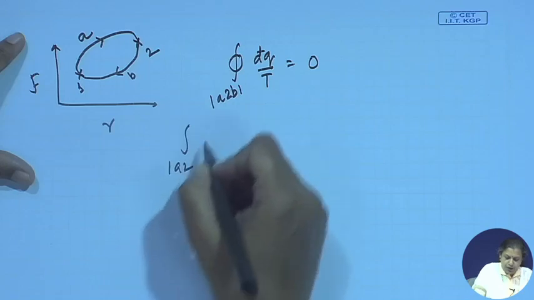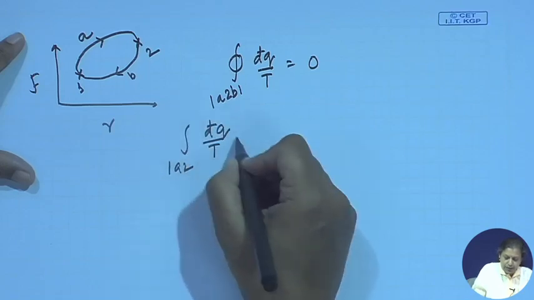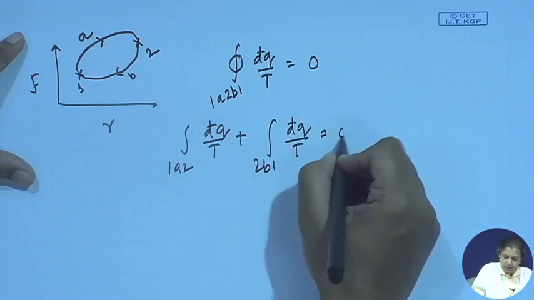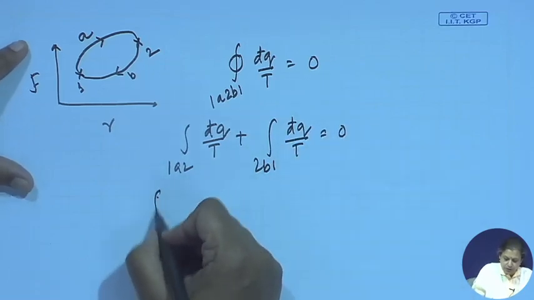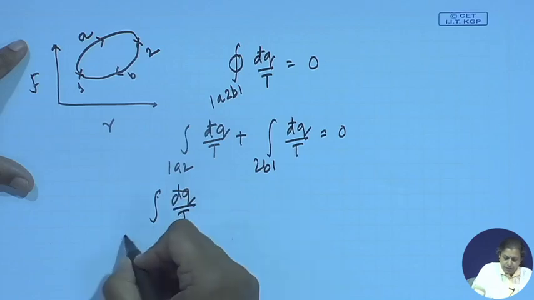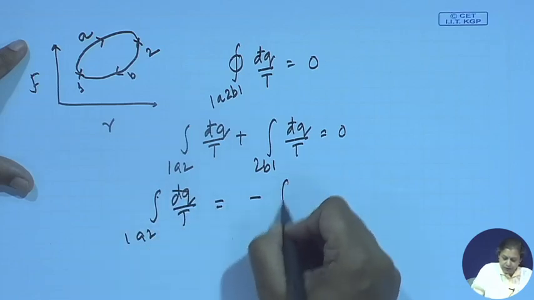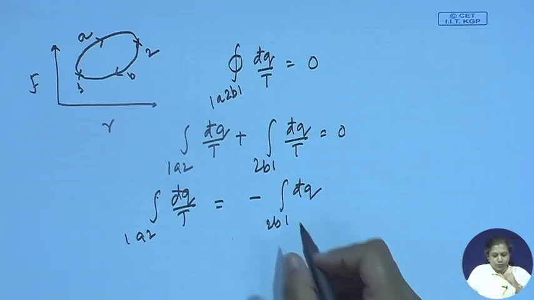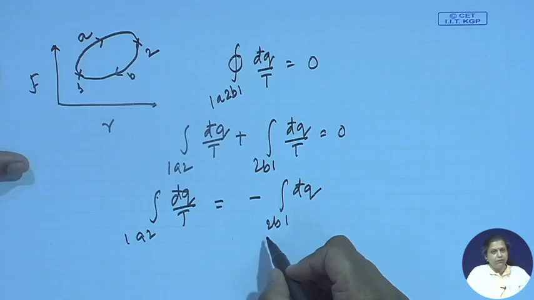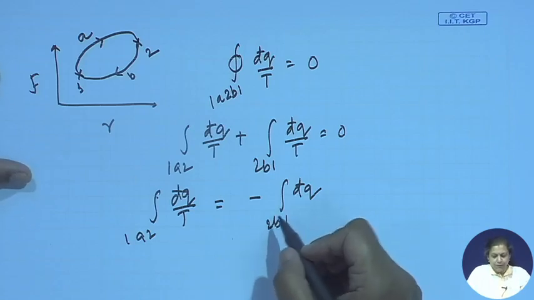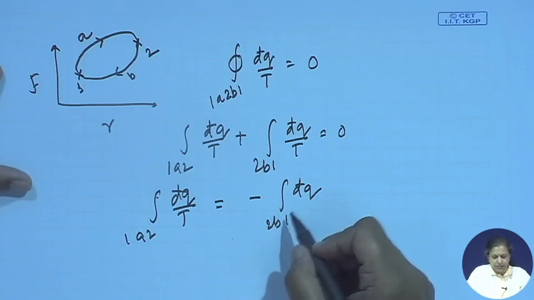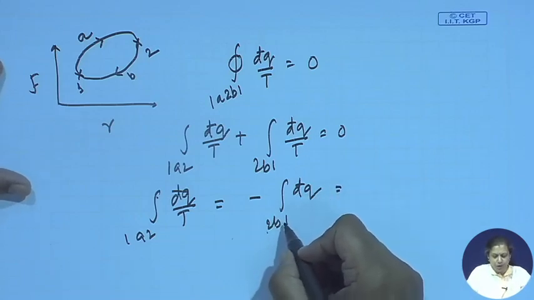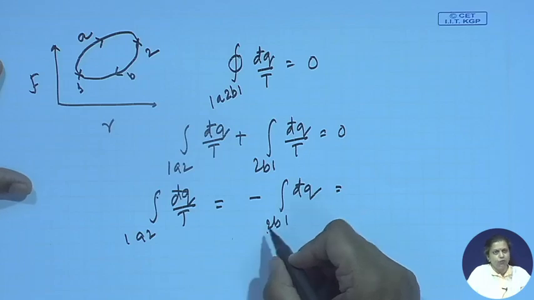It implies that the integral over 1A2 of dq by T plus the integral over 2B1 of dq by T is equal to 0, or in other words, the integral over 1A2 of dq by T equals minus the integral over 2B1 of dq by T. Now, it is important to note that 2B1 is a reversible process. So, if we reverse the heat interactions, then the heat interactions along 2B1 are just the opposite of the heat interactions along 1B2.